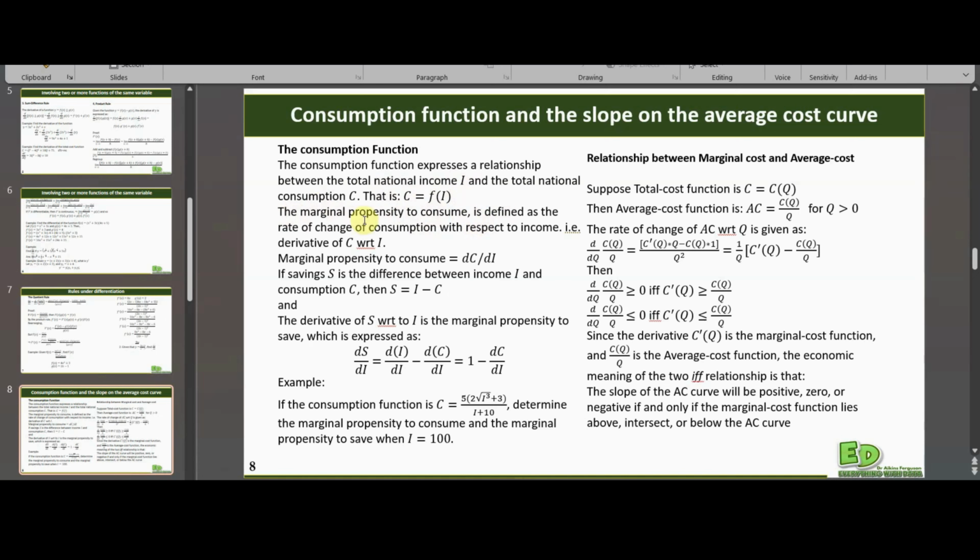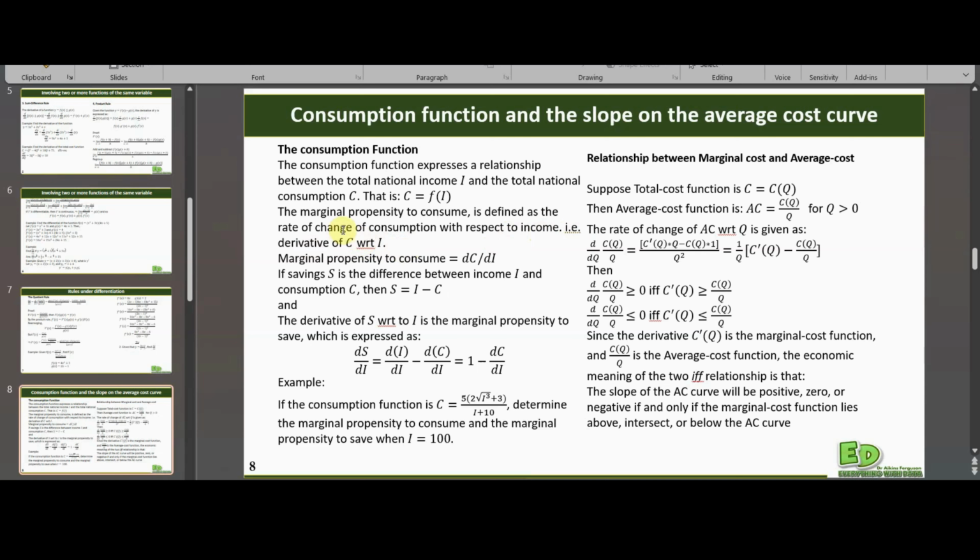The next thing is your marginal propensity to consume. The marginal propensity to consume is defined as the rate of change of consumption with respect to income. That is the derivative of consumption with respect to income. That is the WRT, with respect to income.